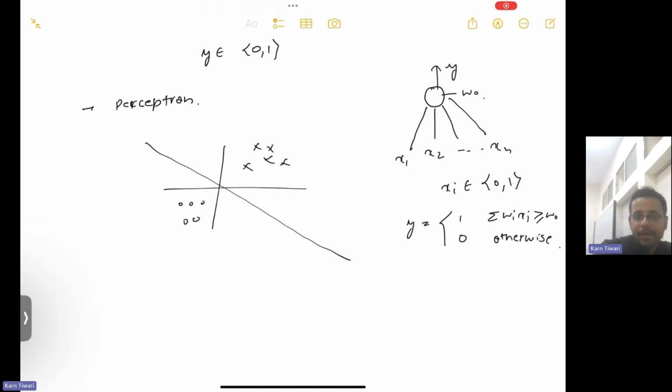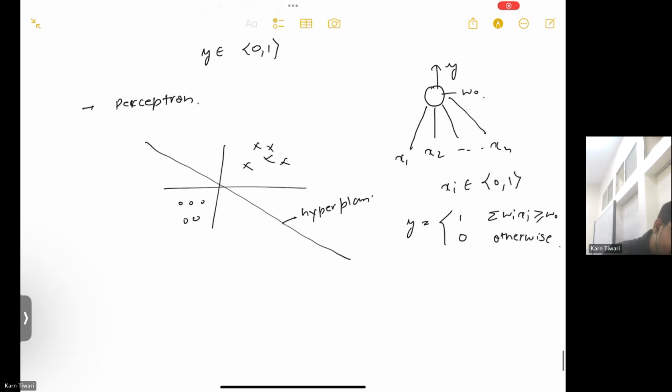Because our data is linearly separable, we can find the separating hyperplane which can distinguish between the different classes. We looked at the simple learning algorithm for how to tune the weights to take a proper decision. That was the story of week one, in short.